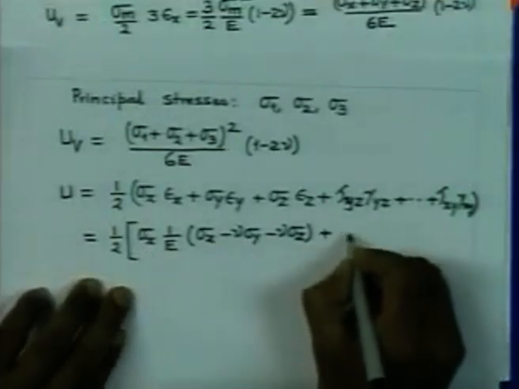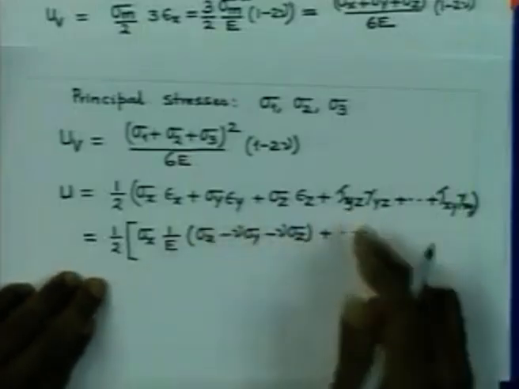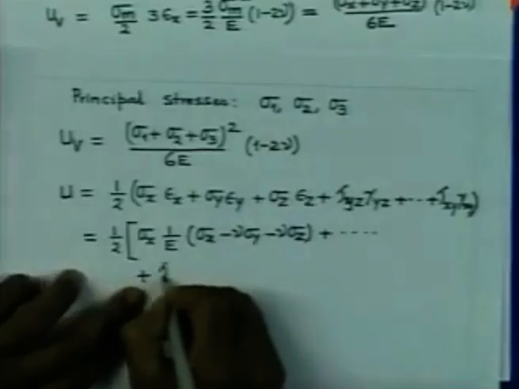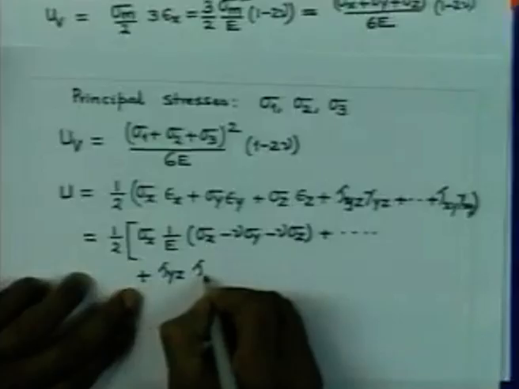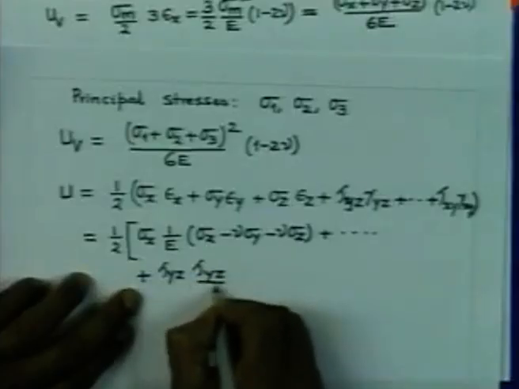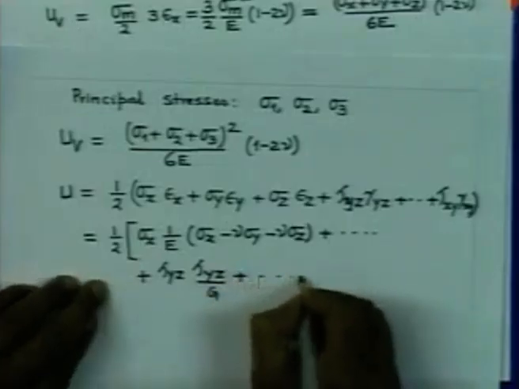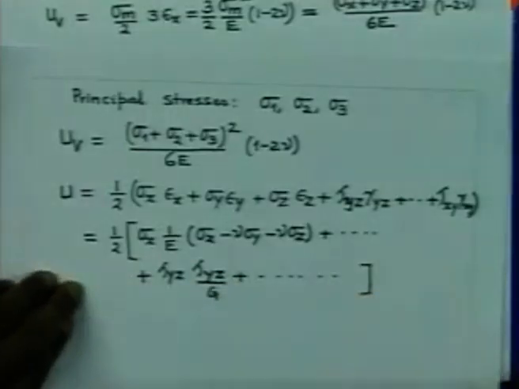So, we will have terms involving all the 3 directions, and the shear stress multiplied by the shear strain is nothing but tau yz square by G, and we will have also other 2 components of shear stress and strain.